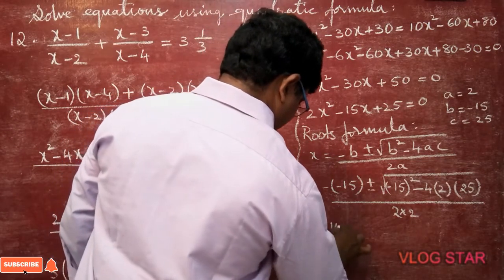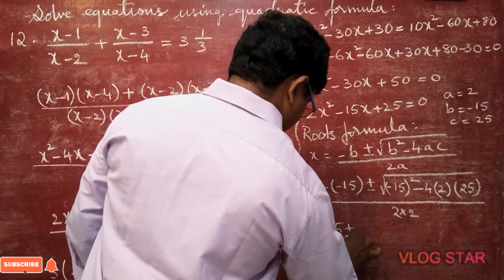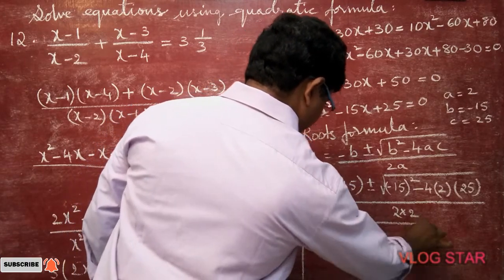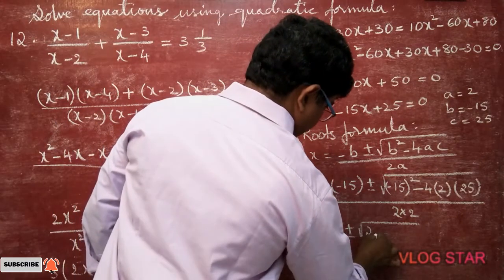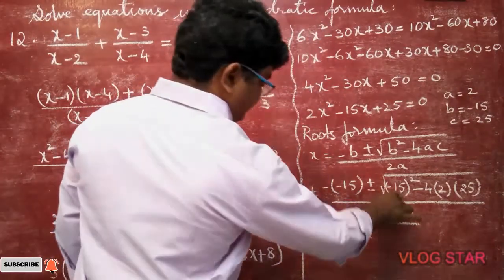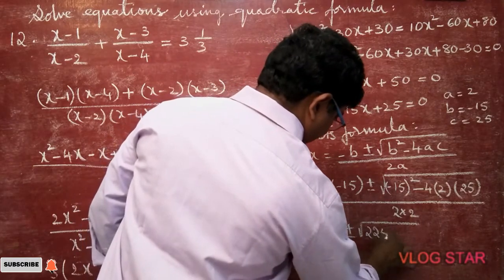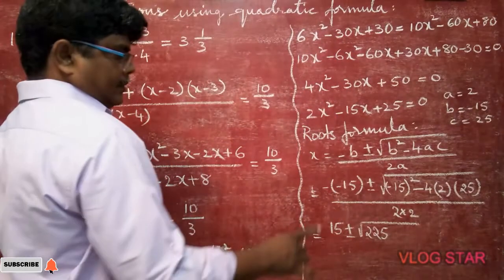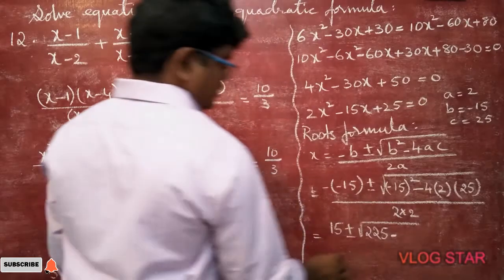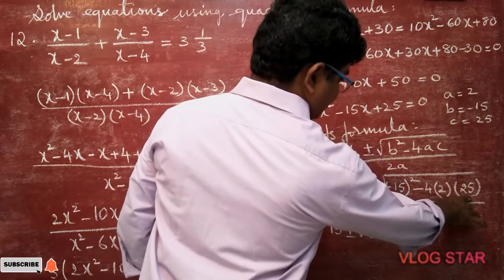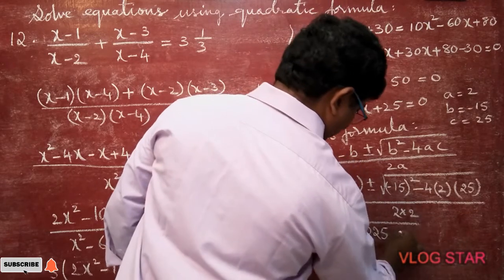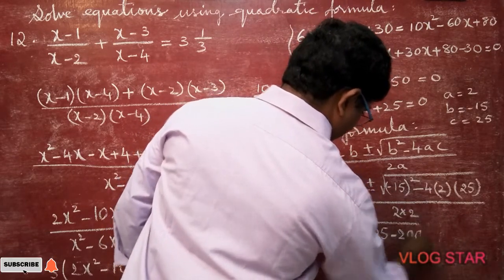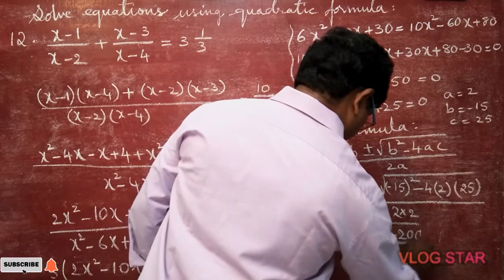So, plus 15, plus or minus square root of 15 15s. Minus into minus is plus, 15 15s are 225, minus 4 25s are 100. 100 into 2 is 200, by 4.